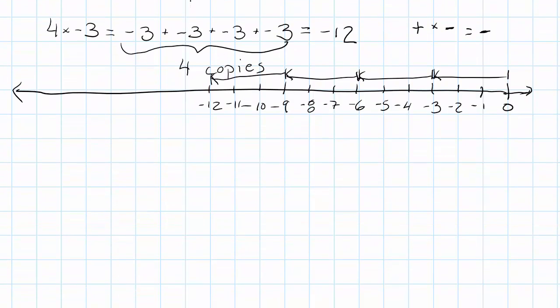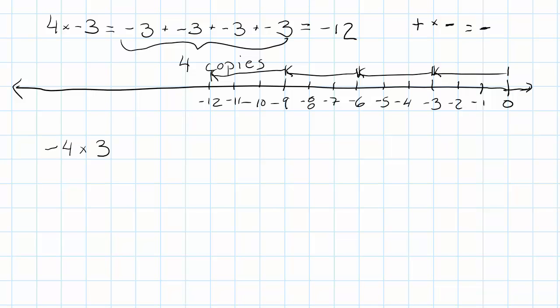How then shall we understand negative 4 times positive 3? Well, let's look again at the pattern of what happens when we multiply by positive 3, right? Positive 4 times positive 3 was 4 copies of the number 3 added together.